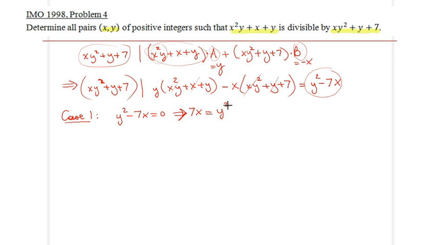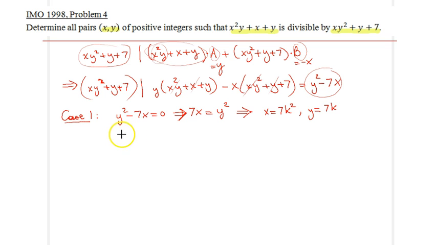So this would imply the following parameterization, if you will. x will be simply equal to 7k squared, and y is equal to 7k. So this would be an appropriate parameterization that solves the problem.